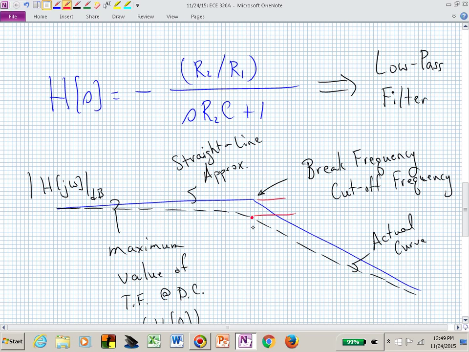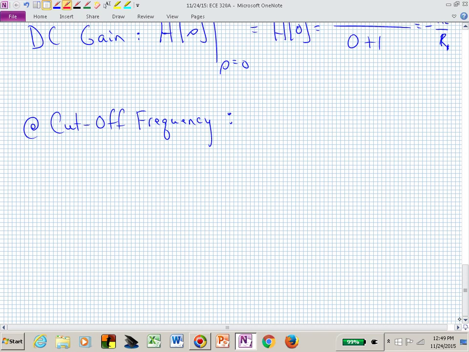And we just said that this particular point is omega sub c in frequency. We want to know what is the magnitude at that point. We are now looking at the magnitude of H of j omega when omega is equal to omega c, which is this 1 over R sub 2 C.